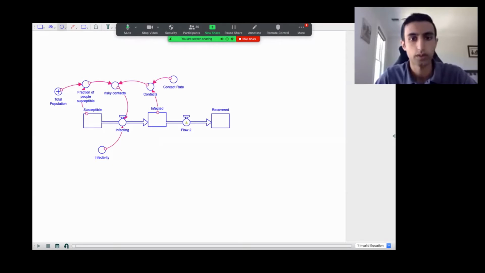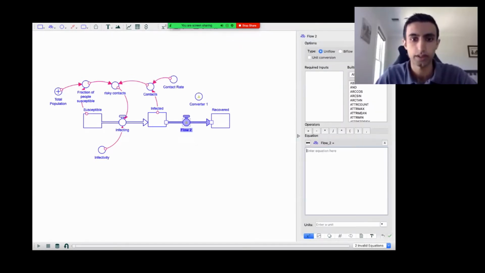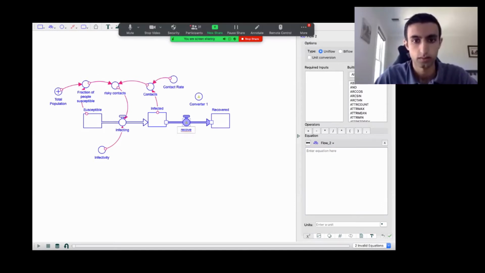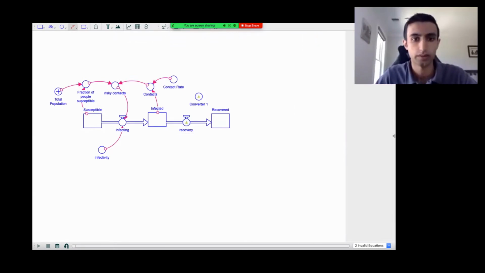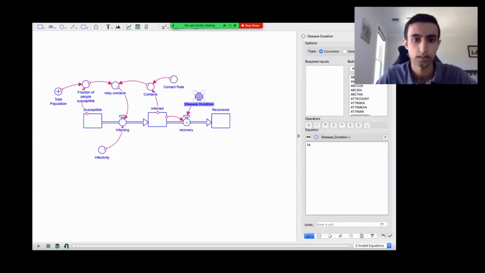And then what's important for determining recovery, which is this flow right here, is both the number of infected people, so we need information from there, and we also need a separate variable we'll call disease duration, and we'll say 14 days.